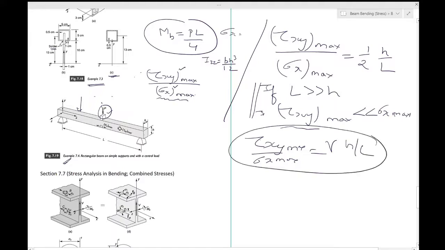So you would still be able to make an approximation like this, but the factor of proportionality will not be half anymore.